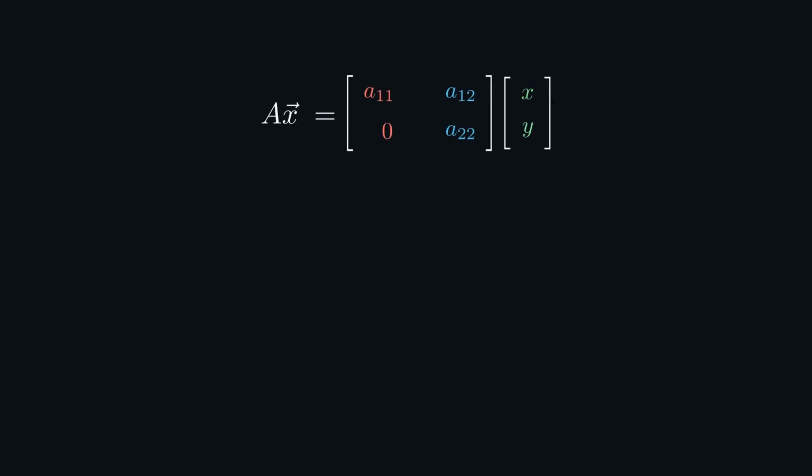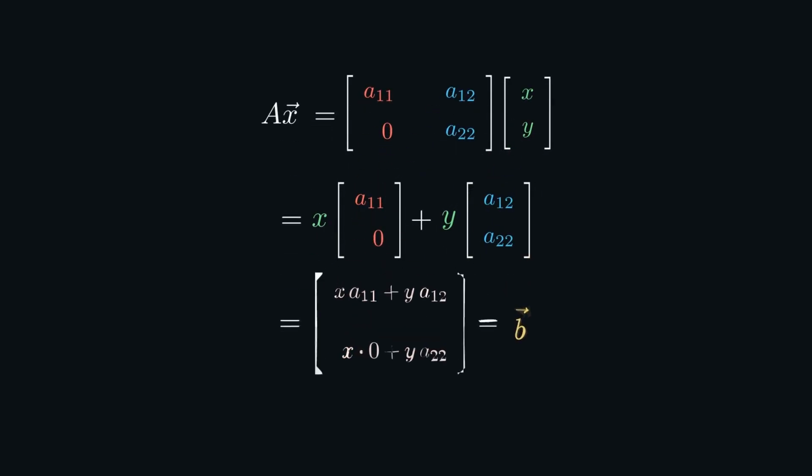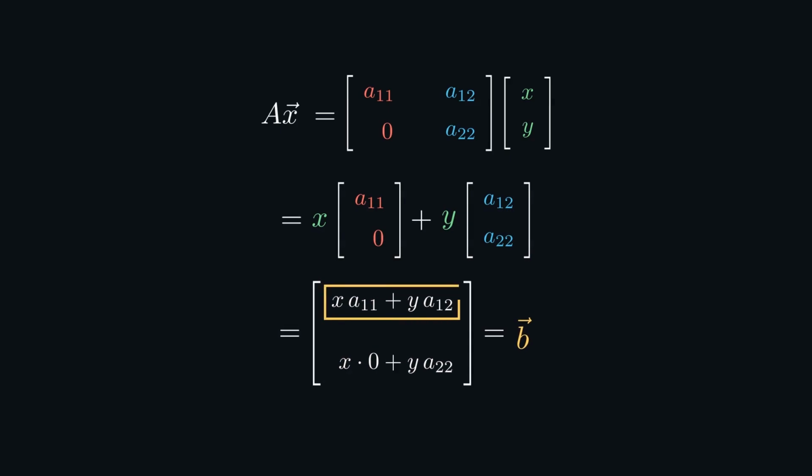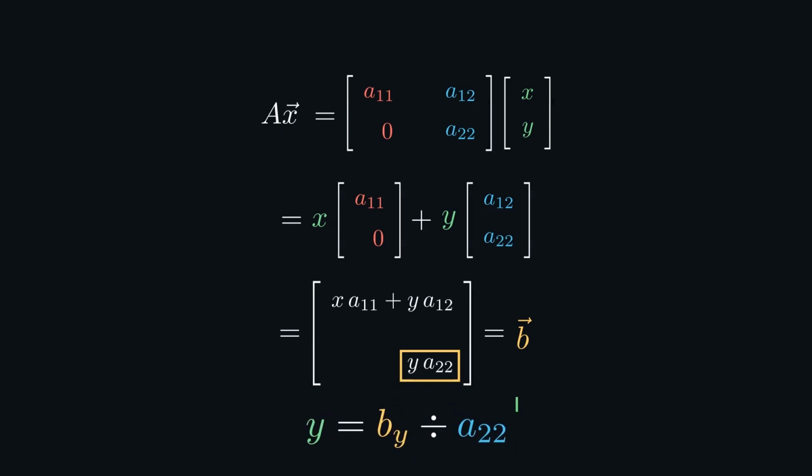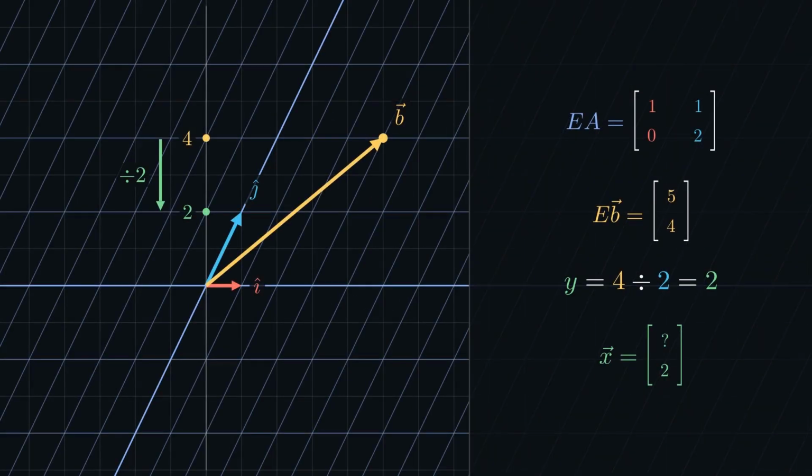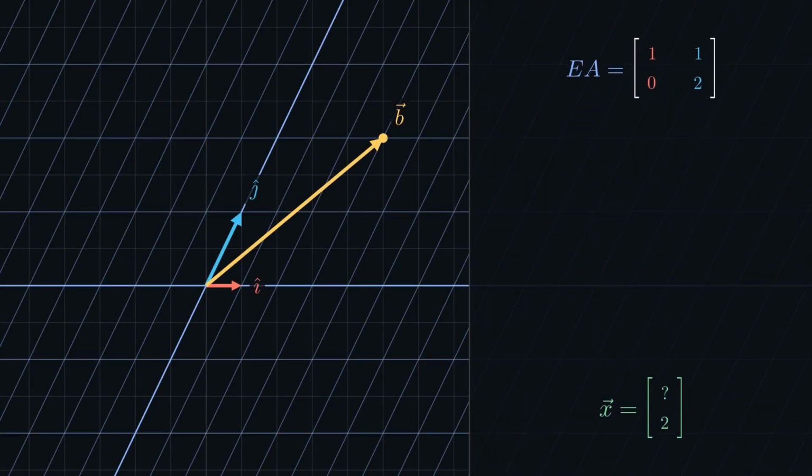x is multiplied by the i-cap transformation and y is multiplied by the j-cap transformation. We can see that all of the height in the resultant vector is simply coming from that j-cap y value, which is a22. We can use this to find y. After we know y, it's very easy to find x. It just takes some vector subtractions.